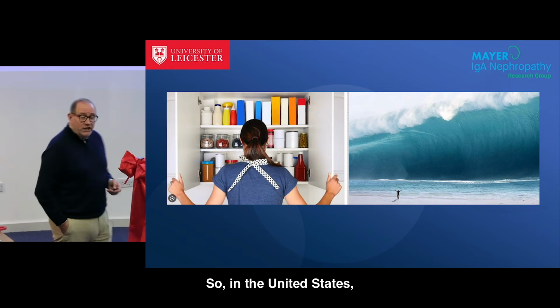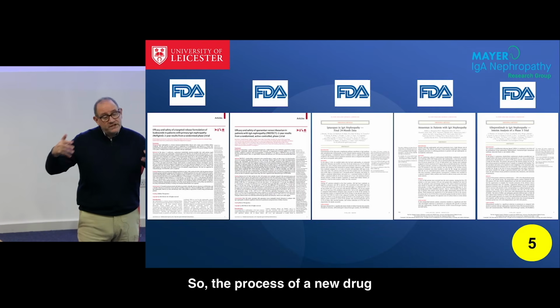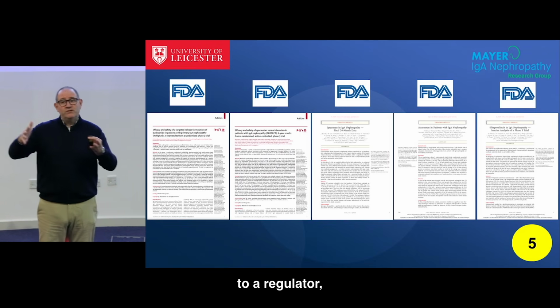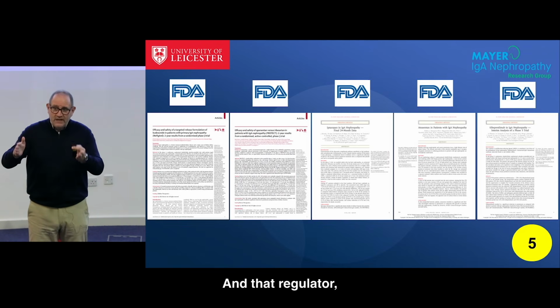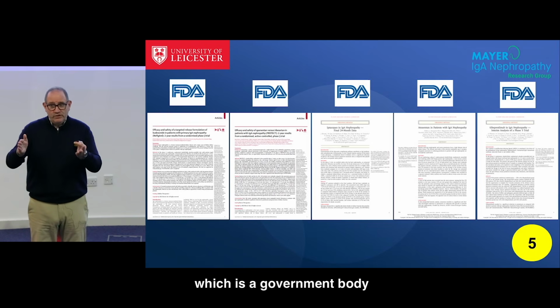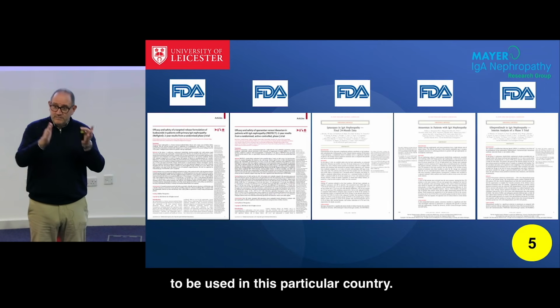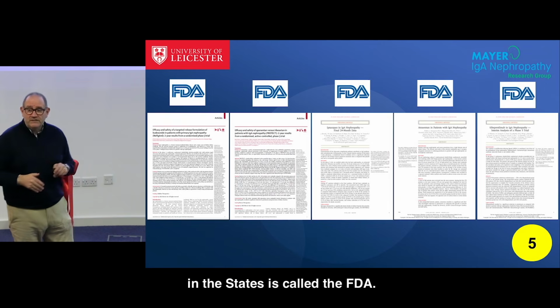So, in the United States, which is where drugs generally get approved, the process of a new drug is we do the trial, we present the data to a regulator that checks whether it's safe and effective, and that regulator, which is a government body, then says, yes, it is appropriate for that drug to be used in this particular country. The body that does that in the States is called the FDA.